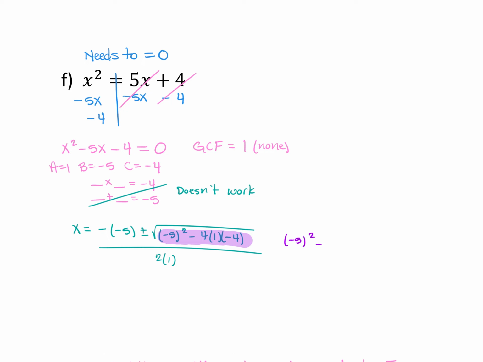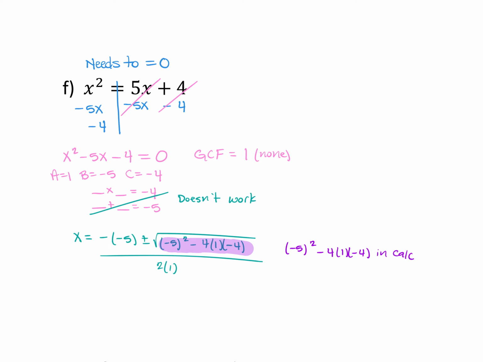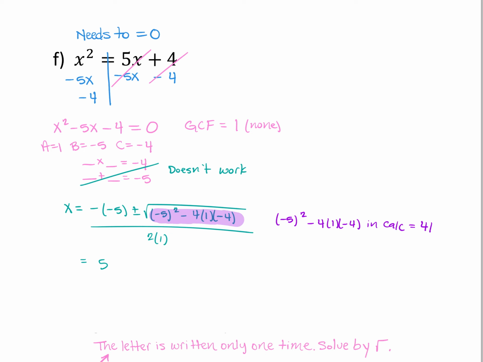So -5 squared minus 4 times 1 times -4 in the calculator is equal to 41. And then we have a -5 is a +5, plus or minus the square root of 41, all over 2 times 1, which is 2.